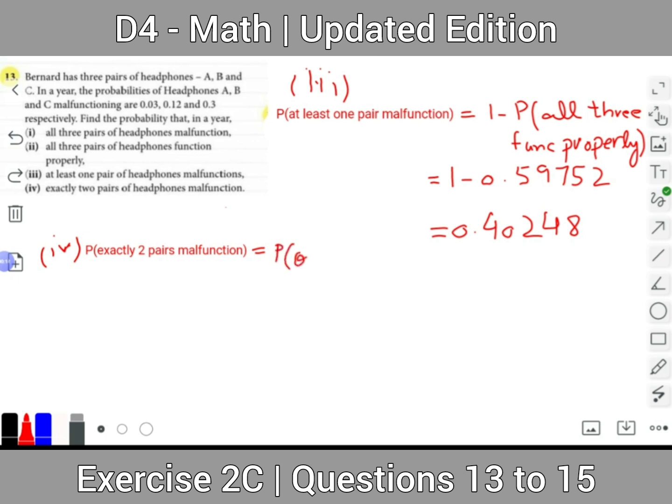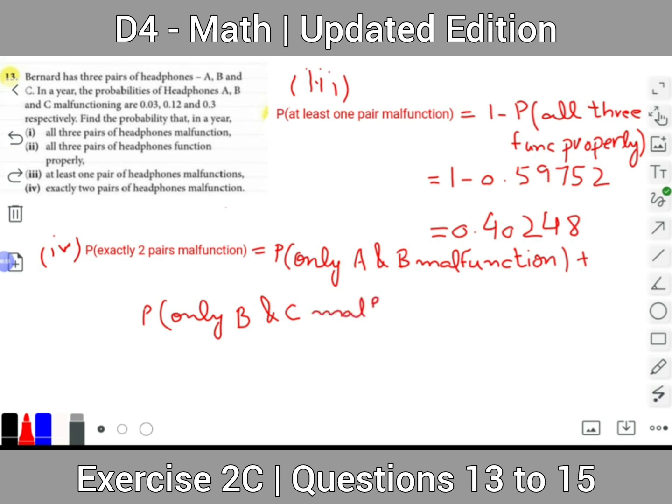The first possibility is the probability for only A and B malfunctioning, so it means C functions properly, plus the probability that only B and C malfunction. Similarly, the probability that only A and C malfunction.